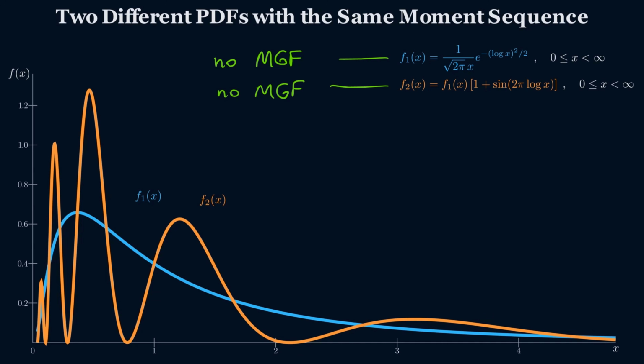And when a distribution does not have an MGF, this uniqueness between the five universes breaks down. In particular, the infinite sequence of moments no longer uniquely identifies a distribution. In this case, we have two random variables that have the same infinite sequence of moments and yet are different distributions. So it's one of those cases where if we're looking at distributions that do not admit an MGF, we just have to be careful.